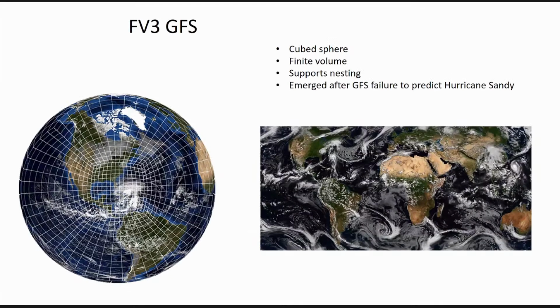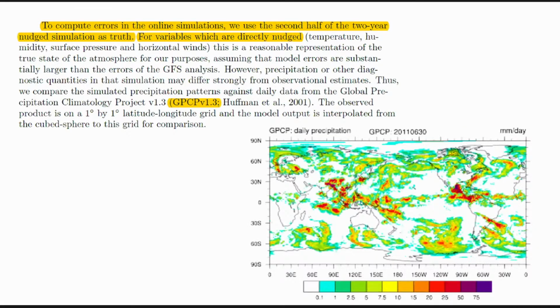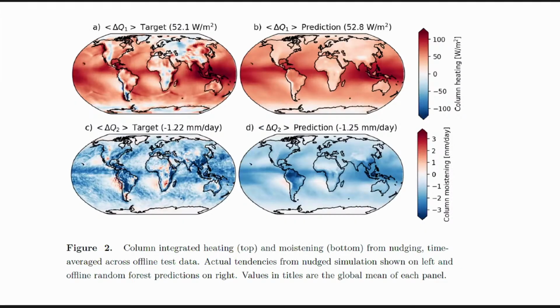So let me explain what we're seeing in figure 2. First, the target. This is the heating. If we look at A, this is the nudging that was applied in the nudged simulation. This has nothing to do with the random forest yet. There's no machine learning.